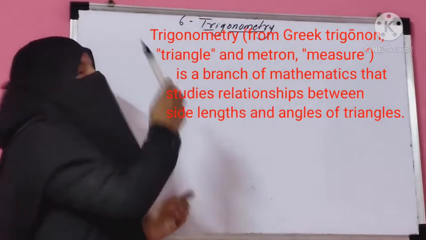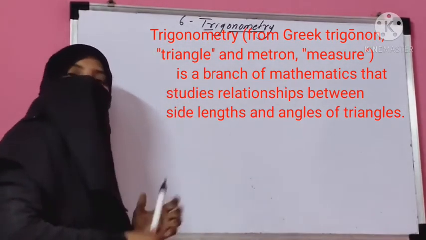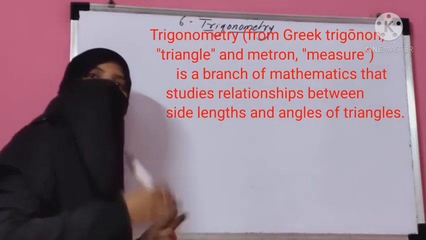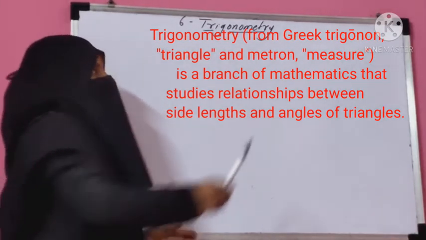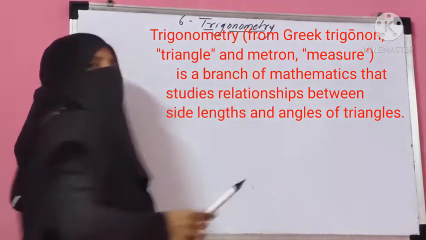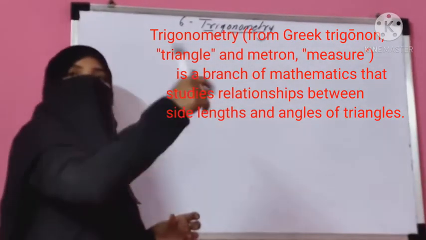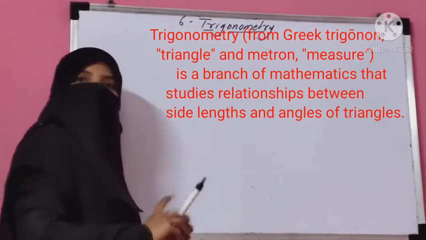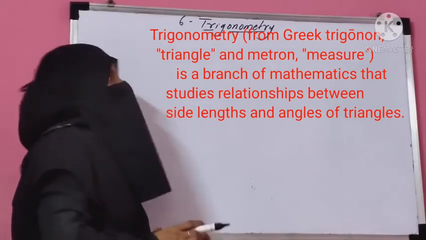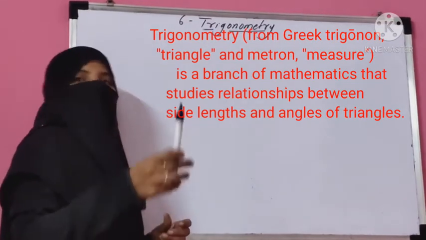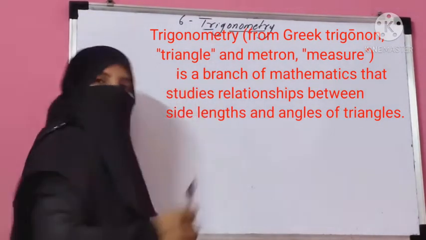Trigonometry basically deals with triangles. Which type of triangle? Right angle triangle. Trigonometry is a branch of mathematics which deals with the right angle triangle, the length of the sides and the measure of angles of the triangle.